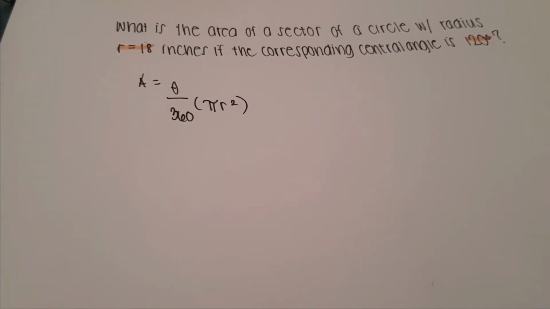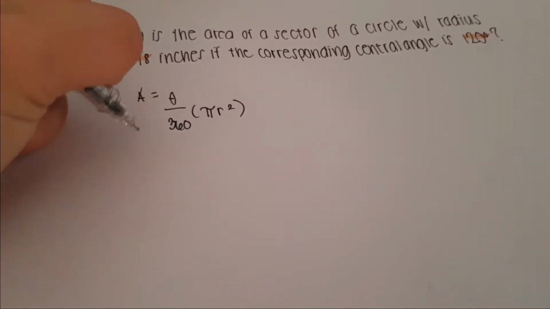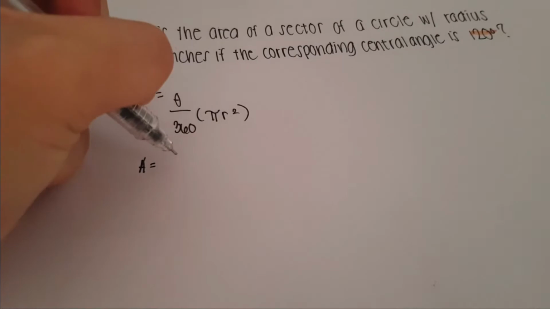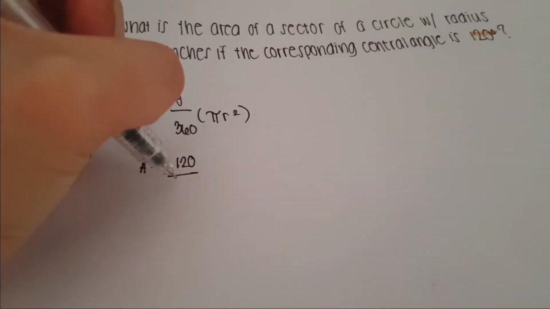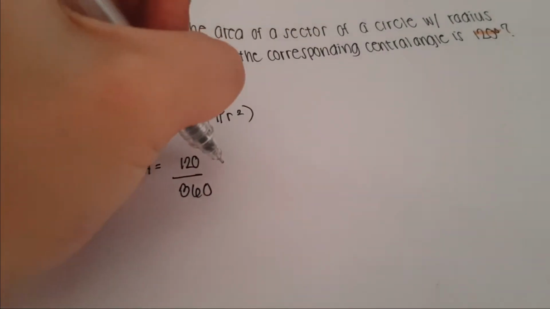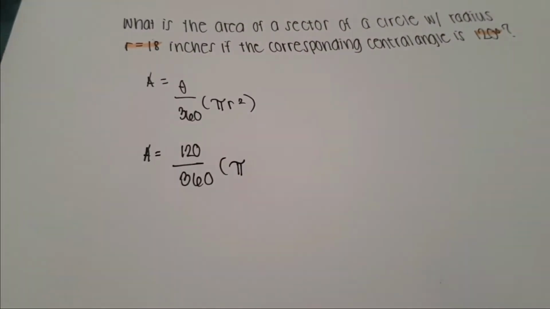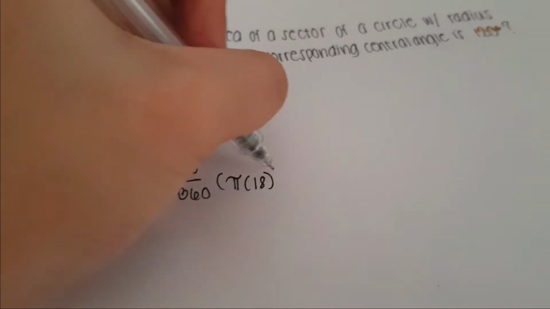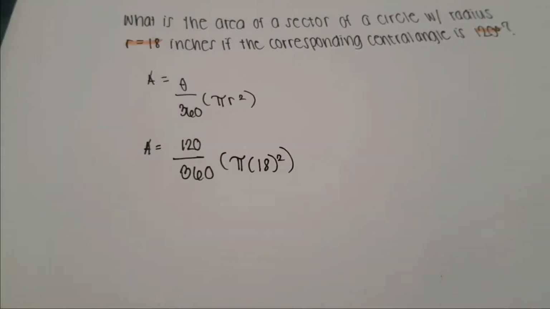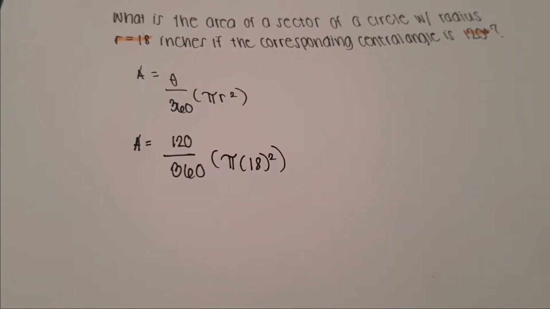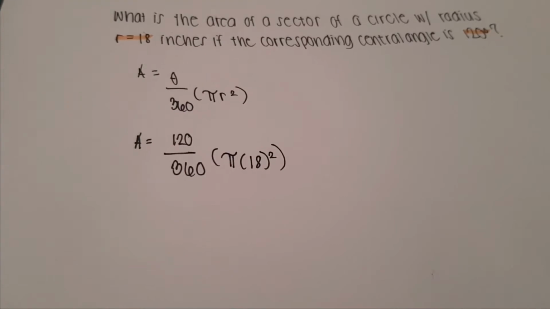So sector area is equal to 120 over 360 times pi times 18 squared. 120 over 360 can be simplified to 1/3.